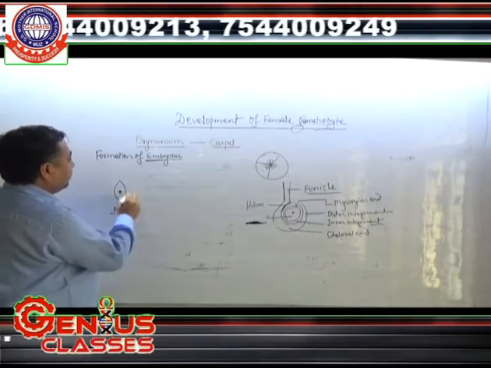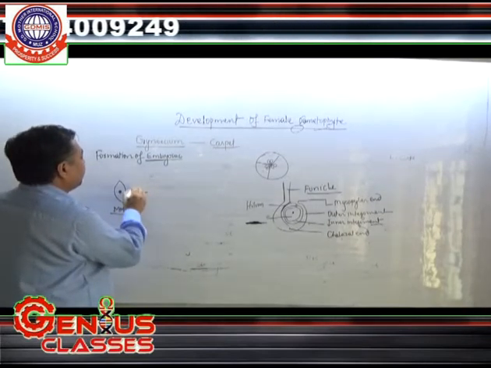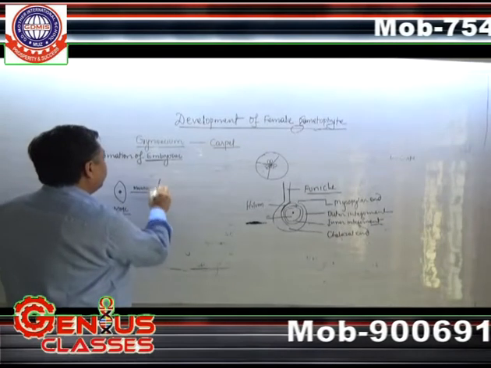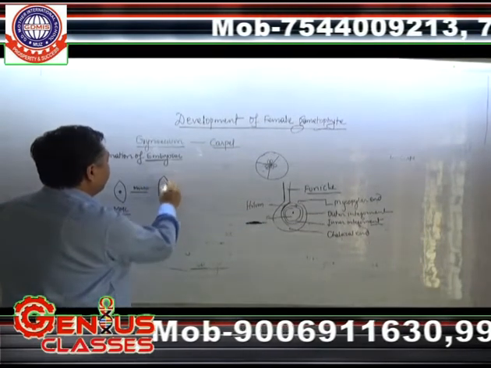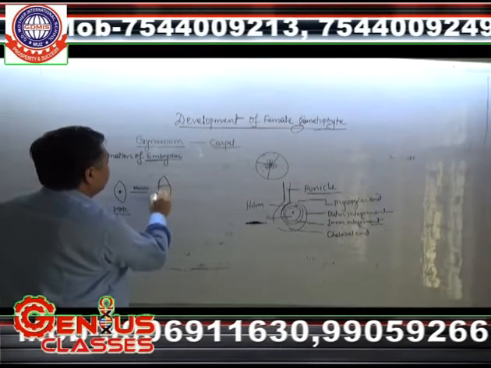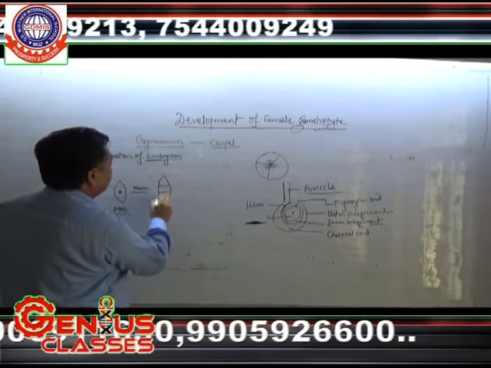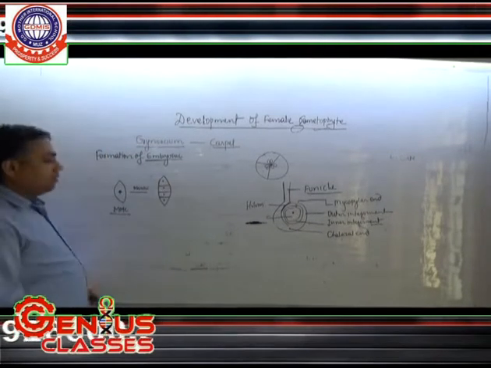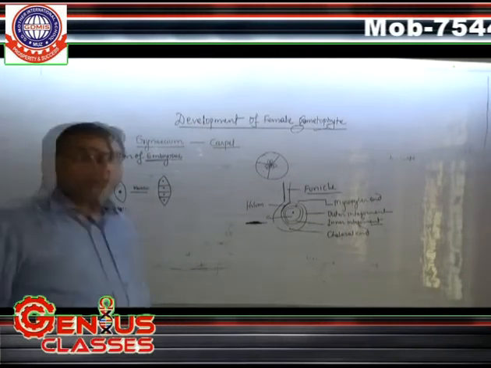Now this cell will go for meiotic division and result in the formation of 4 cells: 1, 2, 3, 4.